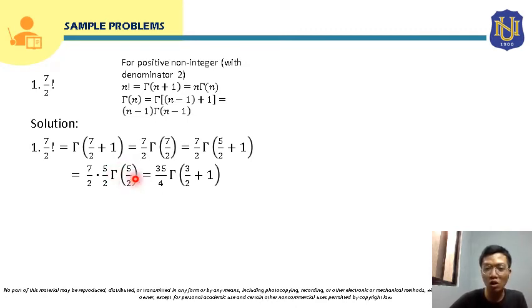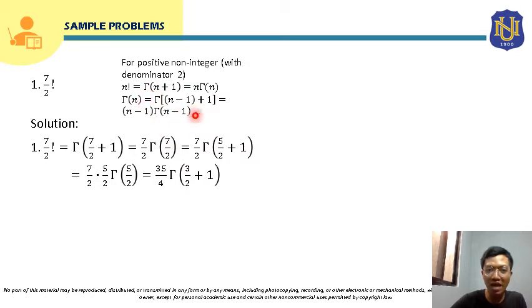So we will continue what we are doing here, this second line. We will rewrite gamma of 5 halves, which is gamma of n, as gamma of n minus 1 plus 1. In this case, our n here is 5 halves, so n minus 1 will be 3 halves. So we just rewrite it as 3 halves plus 1. From here, we will apply this.